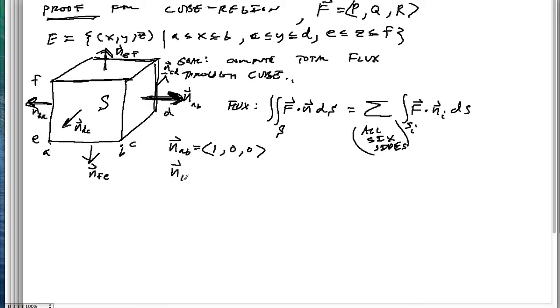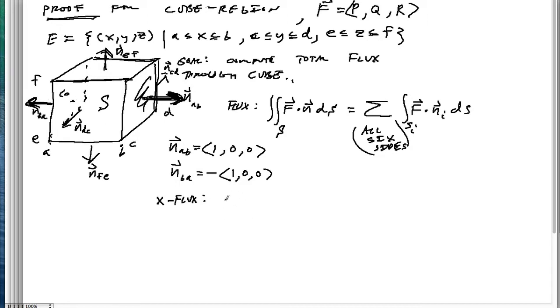Likewise, NBA is going to be equal to (-1, 0, 0), right? All right, so if we take these 2 sides, I'll call this the X flux. So that's just the flux coming through these two sides, just this side here and the other side right here.